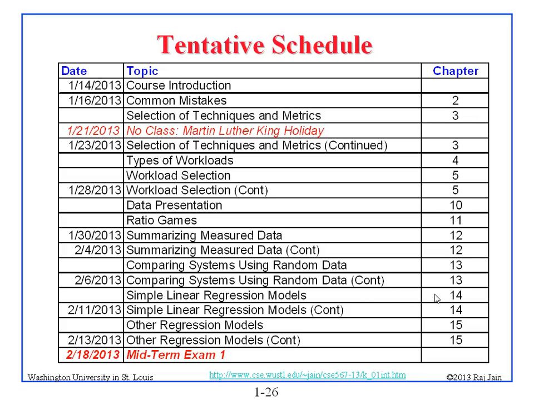The most important thing is that the exam date is fixed: February 18th, 2013. Please mark it on your calendar. That will not change. If you have any appointment on that day, make sure that it is adjusted accordingly. You cannot say that you have to go for an interview on that day.